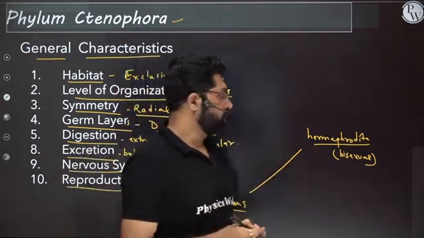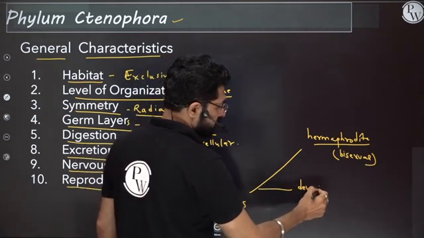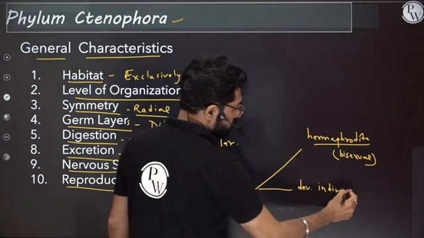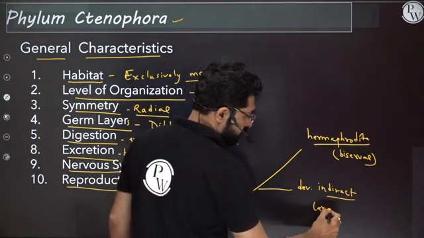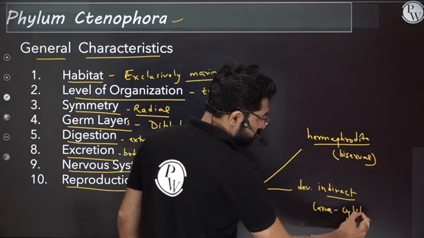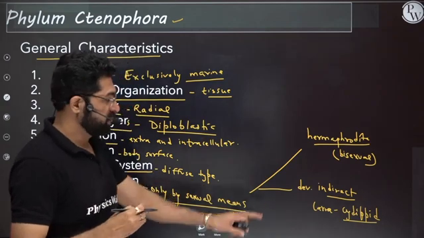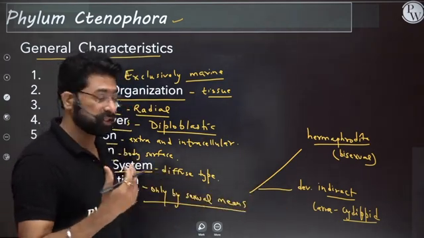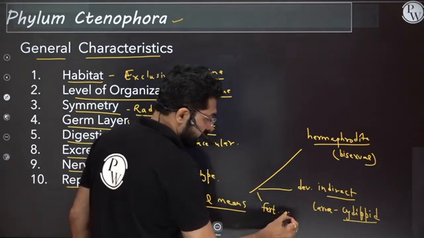Is it okay? Development is indirect. They have a larva called cydippid. The larva is cydippid. And the development is indirect here. Fertilization is external.